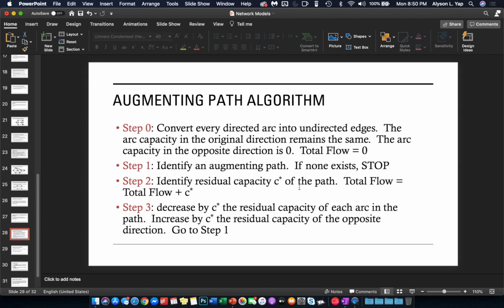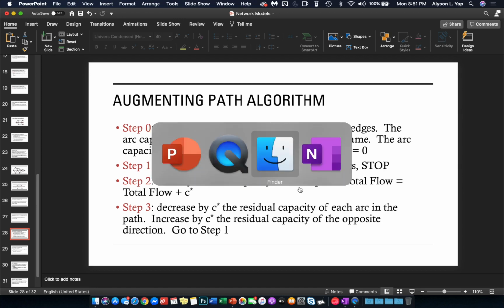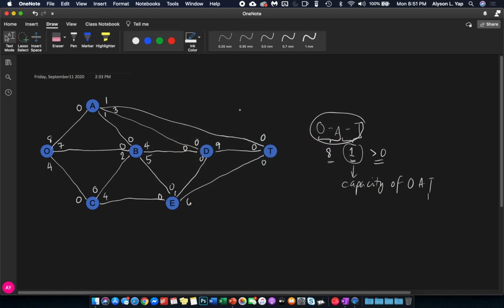Second, you identify an augmenting path. Third, you let the residual capacity of the augmenting path move through the augmenting path, and you decrease and increase the corresponding residual capacities in the augmenting path. I think it will be easier to understand the algorithm if we actually do it on the graph. Okay, so let me fix this.